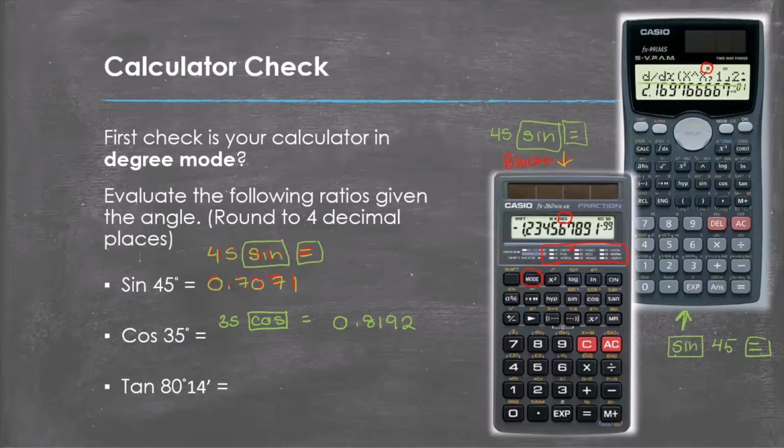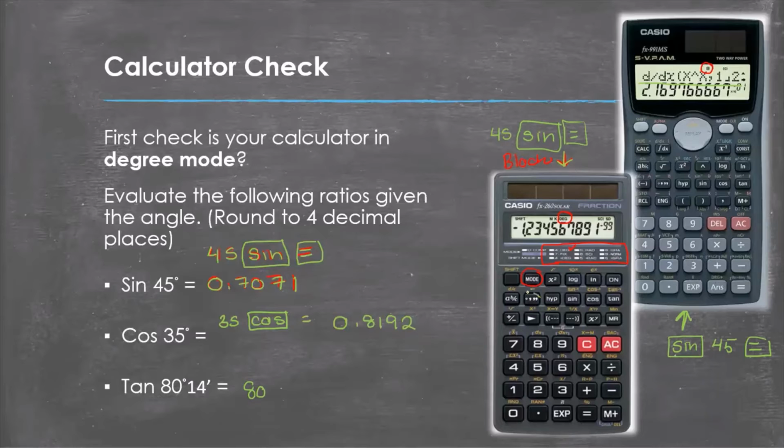Now, for the very last one, we want to find out what is the tan of 80 degrees and 14 minutes. There's a couple ways to do this in your calculator. Your calculator can handle degrees and minutes without you needing to convert it to a decimal. So if you have the block calculator, what you're going to do is type in 80, and then press your degree button.